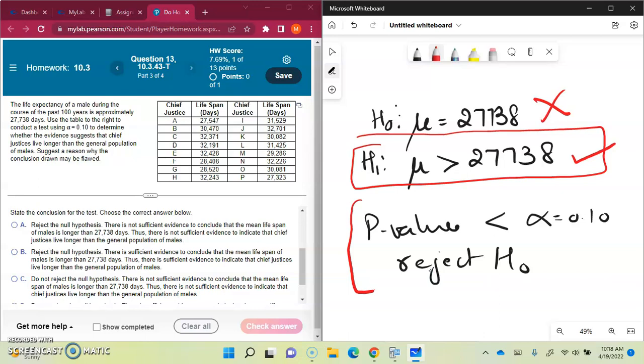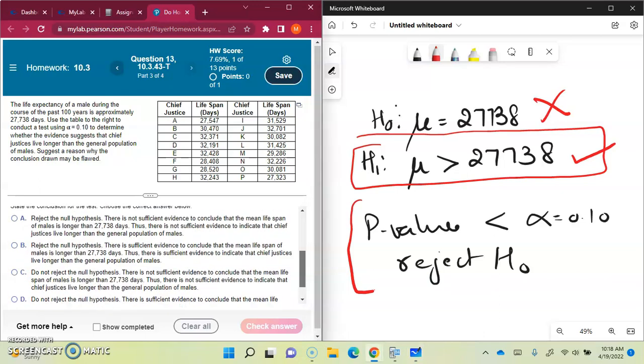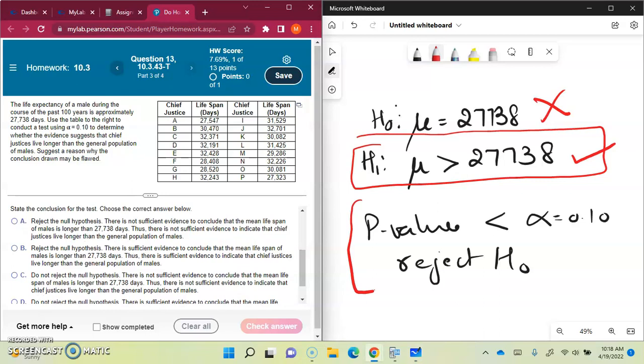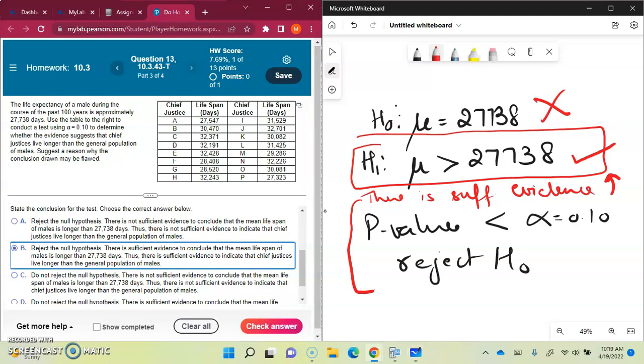So we are rejecting the null hypothesis, so it can be one of A or B option. Let's read. There is not sufficient evidence to conclude that lifespan is longer. But we are saying there is sufficient evidence to support this alternate hypothesis, right? That means it's more. So I think it's B.